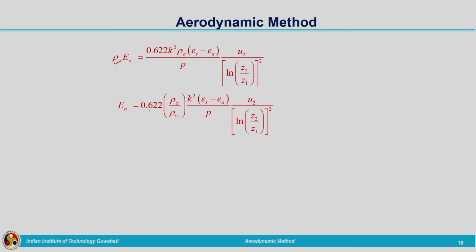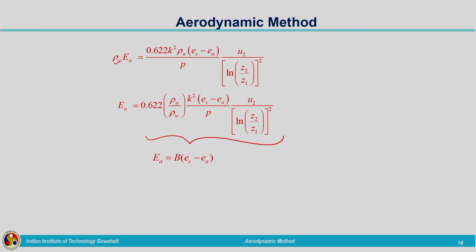So, EA is equal to 0.622 rho A divided by rho W K square ES minus EA divided by P, U2 divided by ln Z2 divided by Z1 all square. So, we can write this entire expression in such a way that EA is equal to B multiplied by ES minus EA.